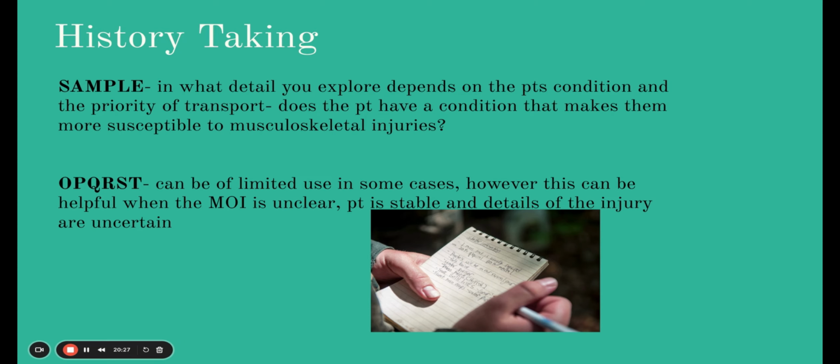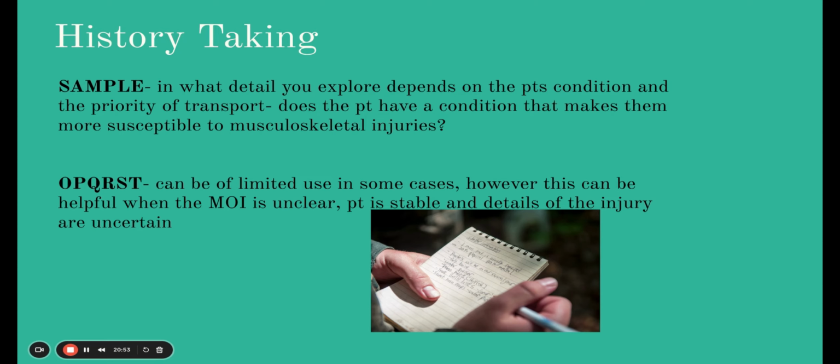That's a big one, because that can increase their risk of internal bleeding. So that's definitely an important question to ask if you get the chance. And then events leading up to what happened. And like I said, in what detail you explore this depends on the patient's condition, their stability, the priority of how fast you want to get them to the hospital.